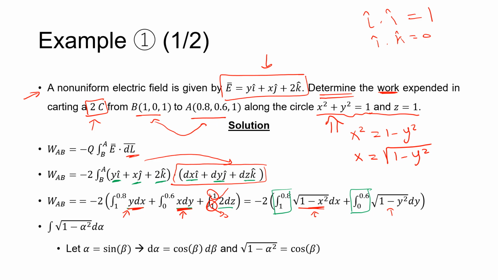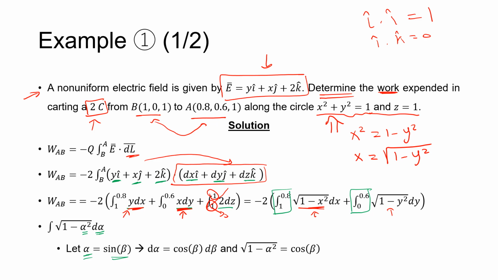So one way to solve this one is to use a sine substitution. Assume that alpha is equal to sine beta. Once you do so, we need to replace two things. Of course, we need to replace alpha, but we also need to replace d alpha.